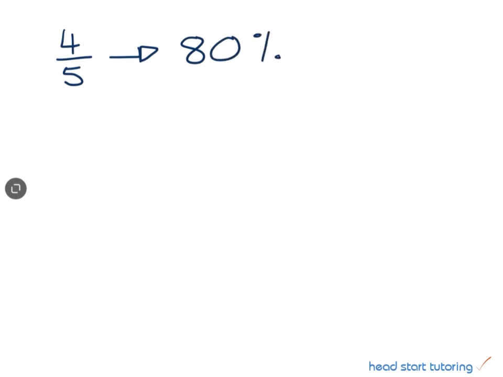When we are converting fractions into percentages, what we need to do is multiply that fraction by 100 over 1. That is our first option. So with 4 over 5, the first option to get 4 over 5 into a percentage is to multiply it by 100 over 1.